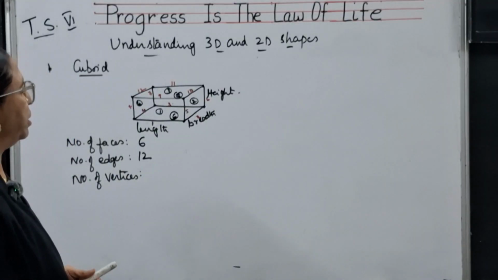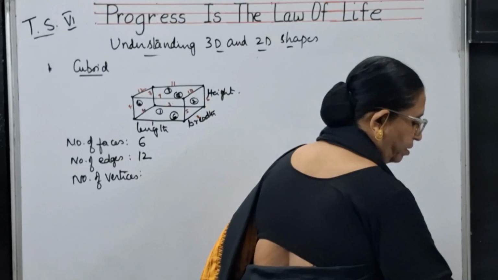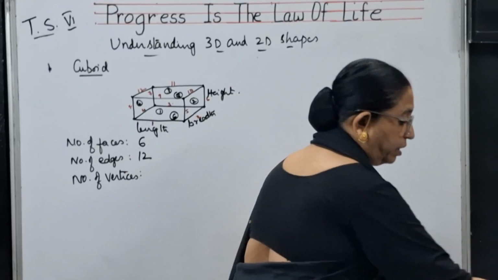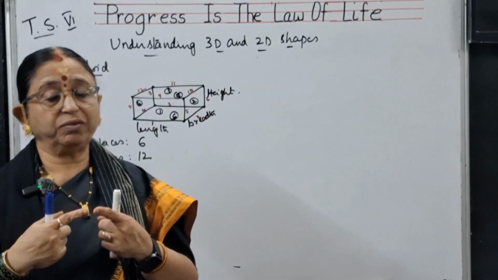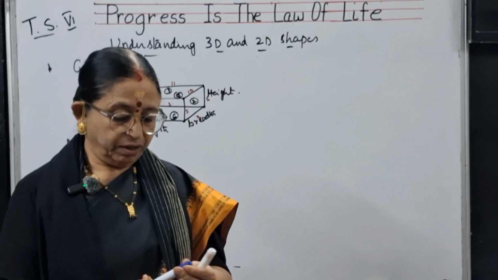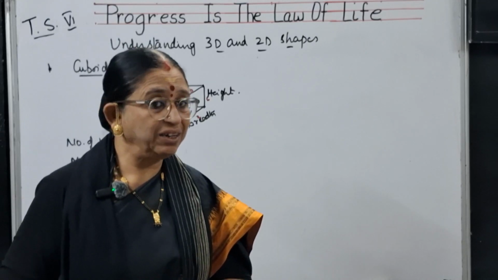So what do you mean by the vertex? Vertex means what, children? Vertex means any two line segments, when they meet, you have vertex. You have done it in your writing about drawing about your angles and all.